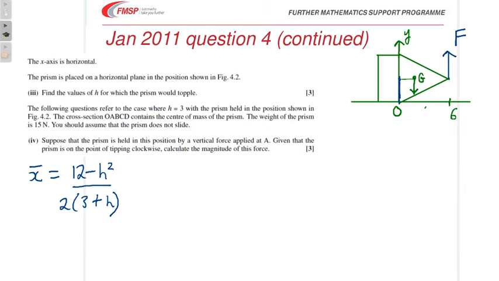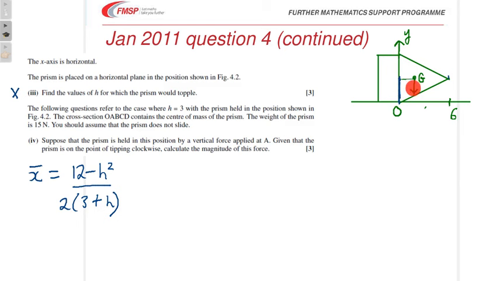The next part of the question talks about the prism being placed on a horizontal plane. At the moment we don't have this F force, sorry, that was me getting ahead of myself. And for part 3 here, find the value of h for which the prism would topple. Now, h affects x bar, obviously. We've got this expression for x bar. The whole thing will topple if the centre of mass of the whole thing is to the right of this vertical line, in other words, to the right of the y-axis.